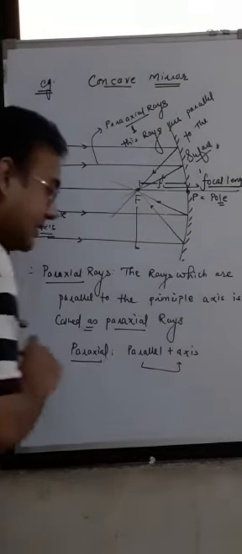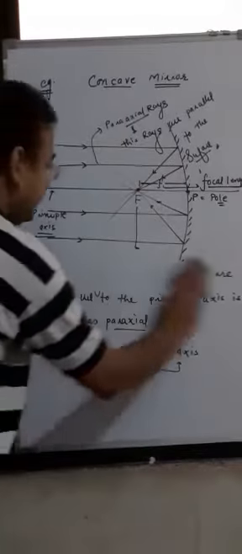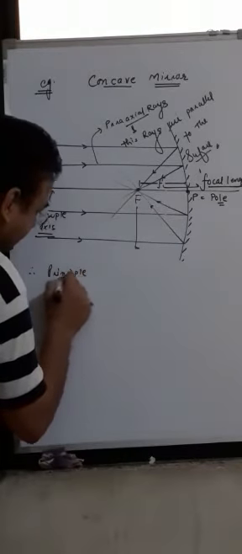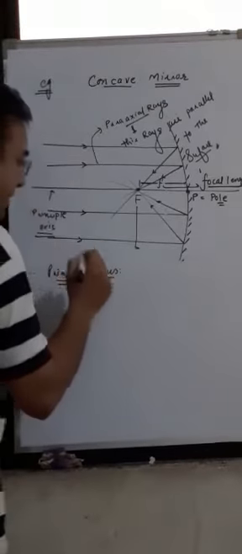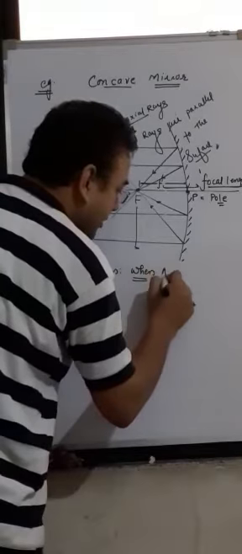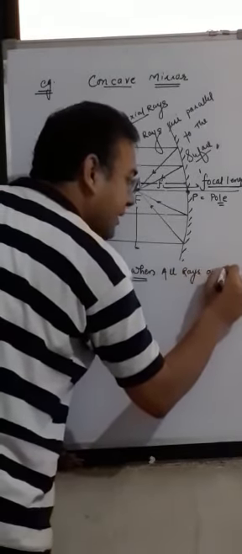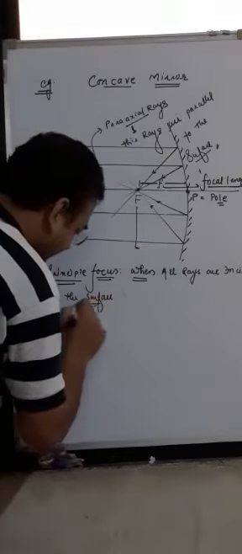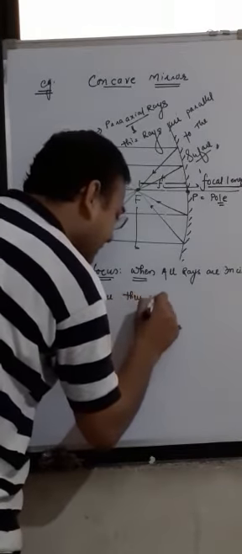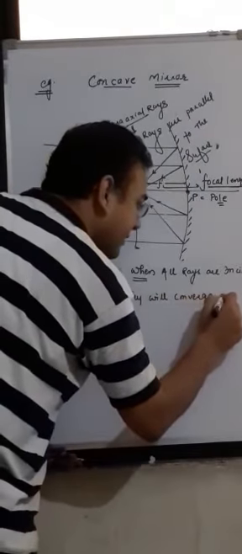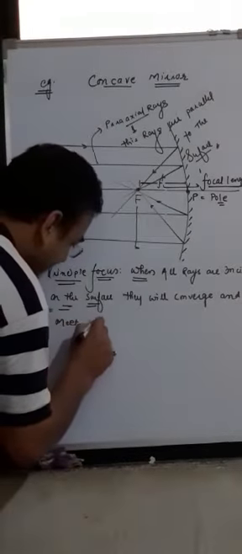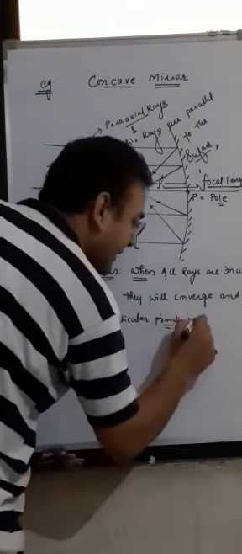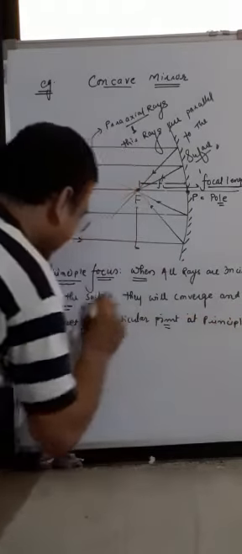The next one is principal focus. When all rays are incident on the surface, they will converge and meet at a particular point on the principal axis.